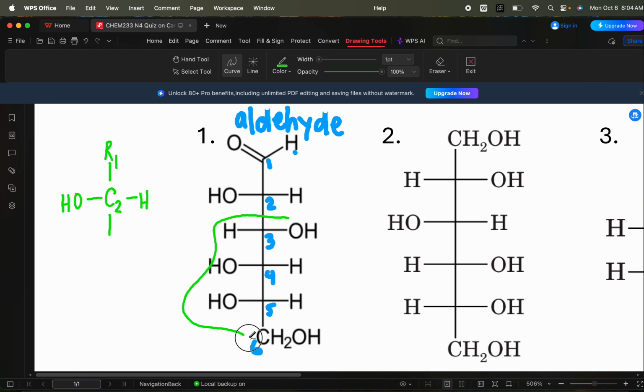So the rest, we can consider this as R2, since R1, your aldehyde group at the top, is not equal to this substituent group at the bottom. So meaning to say all are single bonds. So this means carbon number 2 is a stereocenter. So we encircle carbon number 2.